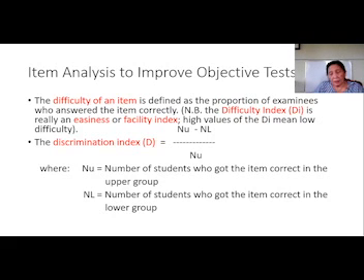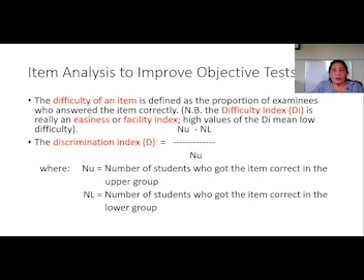Okay. Now, there are two processes that you need to understand very well in this case. And these concepts and process are the difficulty index and the discrimination index or the power of discrimination.